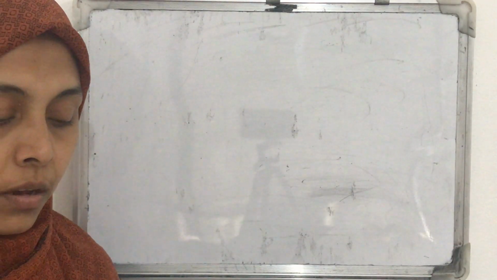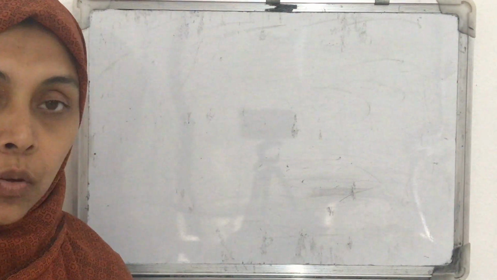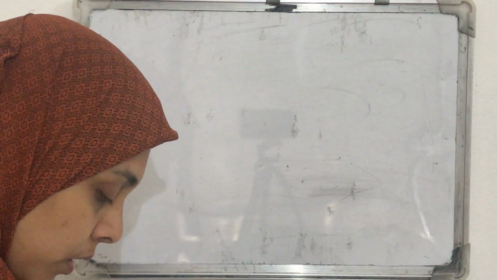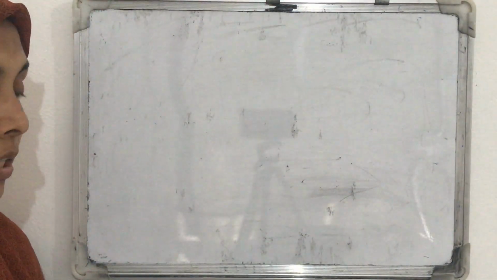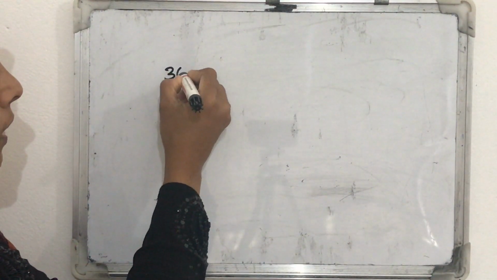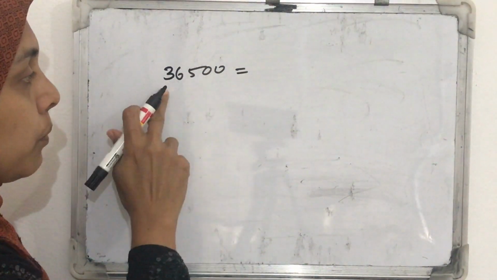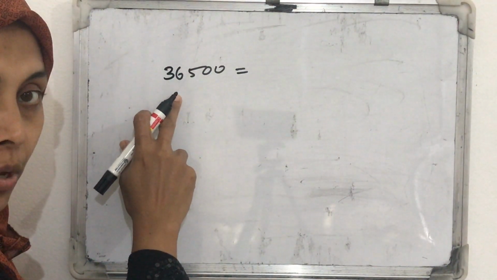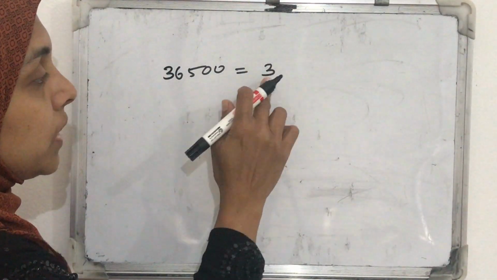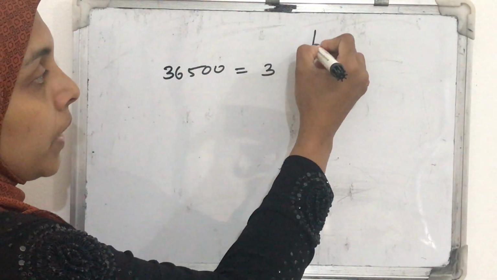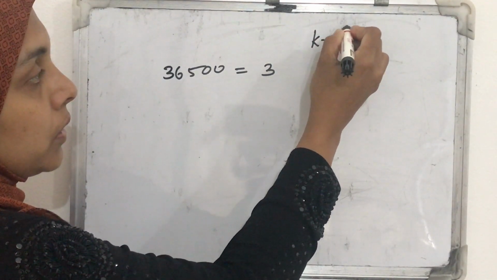Question number 4. Question A: look, 36,500. So what will be its scientific notation? We put the decimal point just after 3, because, what is the general form? K into 10 raised to n.